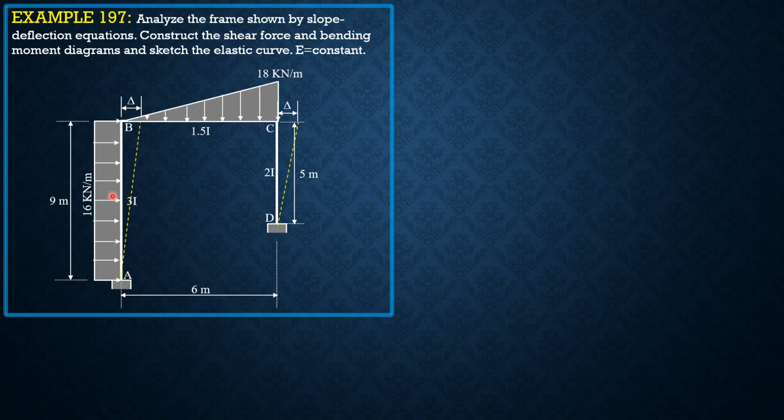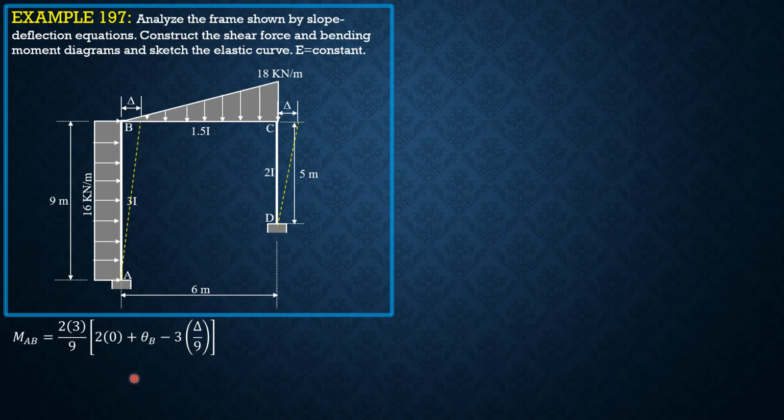So for AB, A is the near end, B is the far end. So moment AB equals 2 times 3 over 9, quantity 2 times theta A, which is 0, plus theta B, minus 3 times delta over 9, where EI is treated as 1, and because this is 3I, that's why we have 3 here.